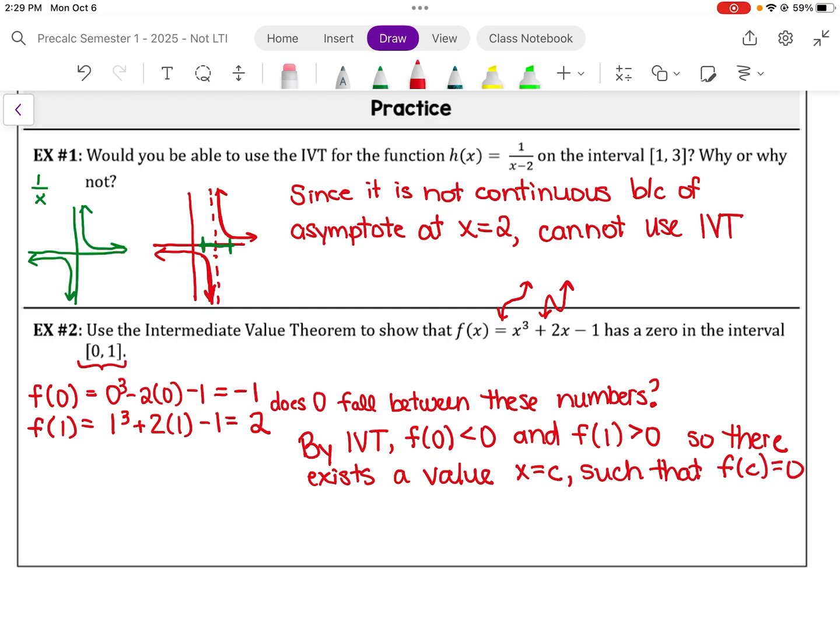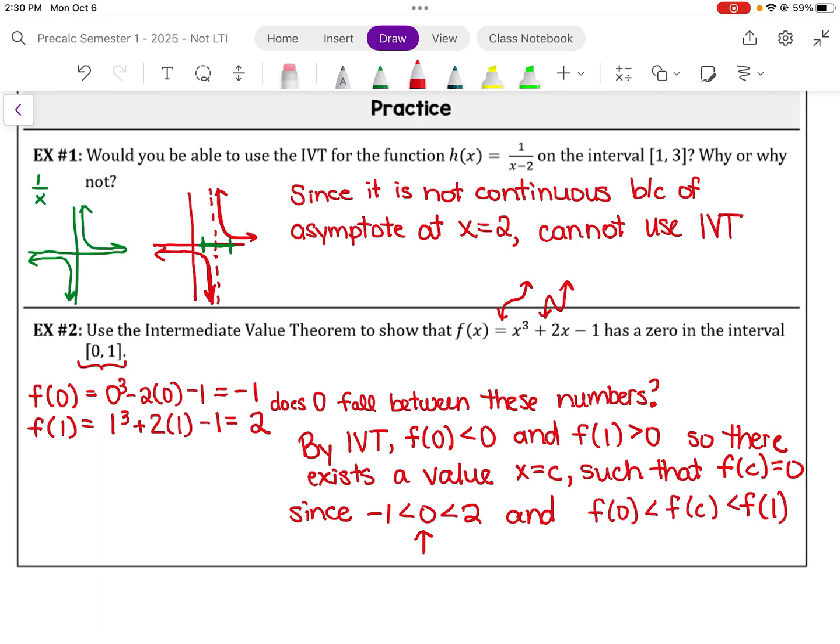Basically, we're stating that 0 has to be in between there. And for our backup, since -1 is less than 0 is less than 2, 0 is in the middle of -1 and 2. And f of 0 is less than f of c, which is less than f of 1. Sorry, that just says that our y values have to go in order as well.